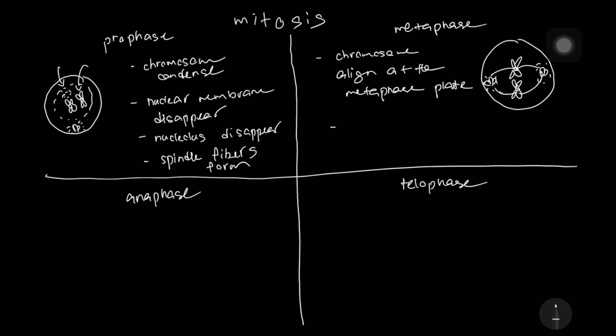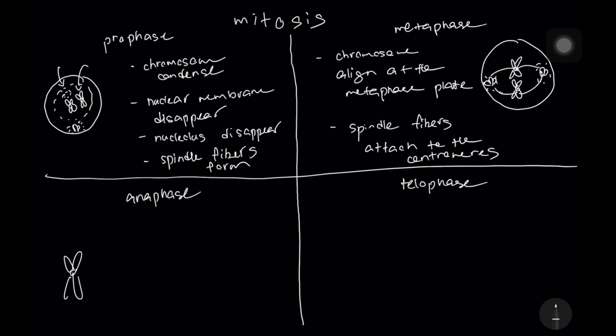I forgot to mention first that the spindle fibers are attached to the centromeres, or more specifically, they are attached to the kinetochore. So I'll draw it here.